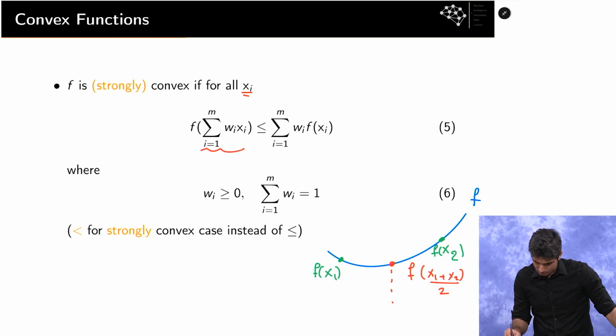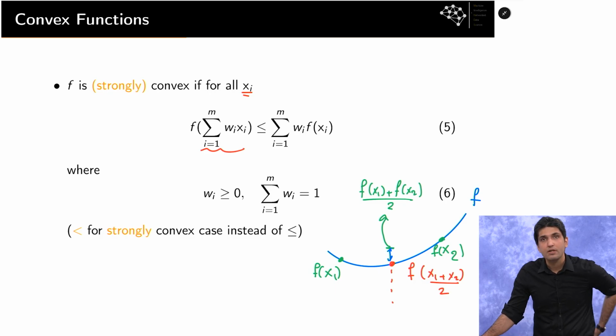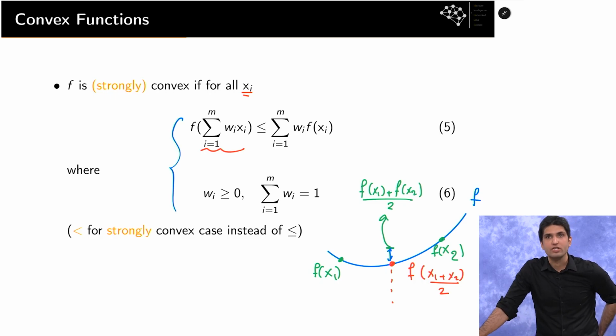Here the average function value is something like this: f of x1 plus f of x2 divided by 2. So there is always some gap between the value of the function at the midpoint and the average of the function values. These equations are a way to generalize this idea to more than 2 points.